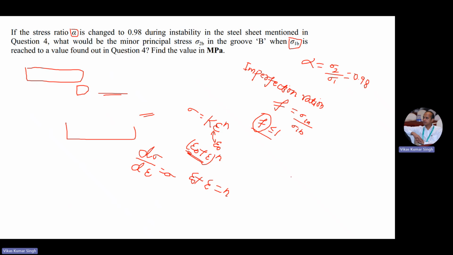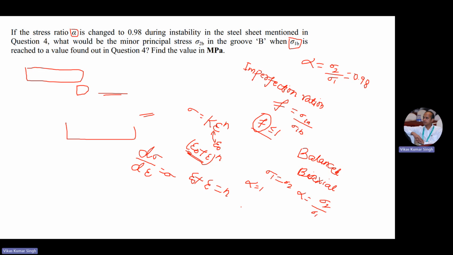The next part we learned is balanced biaxial. Balanced biaxial is nothing but the stresses in the two directions being equal, and if they are equal, alpha is 1. If they are not equal, alpha will be the ratio of the stresses.